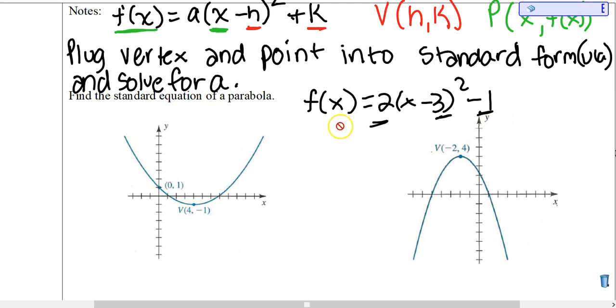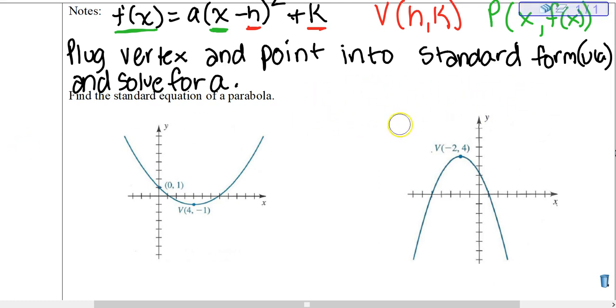Okay, so let's start with, I'm going to pick up my red pen here, the vertex. It says find the standard equation of this parabola. So here's my vertex right here. So my 4 is my h and my -1 is my k. That's useful because I know where I'm going to plug that in.